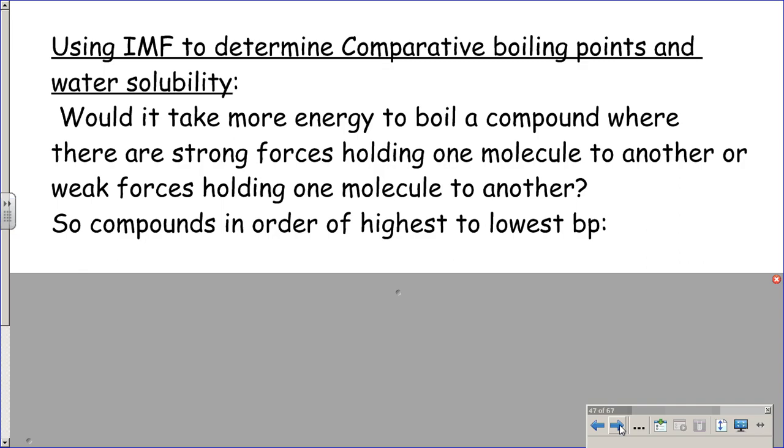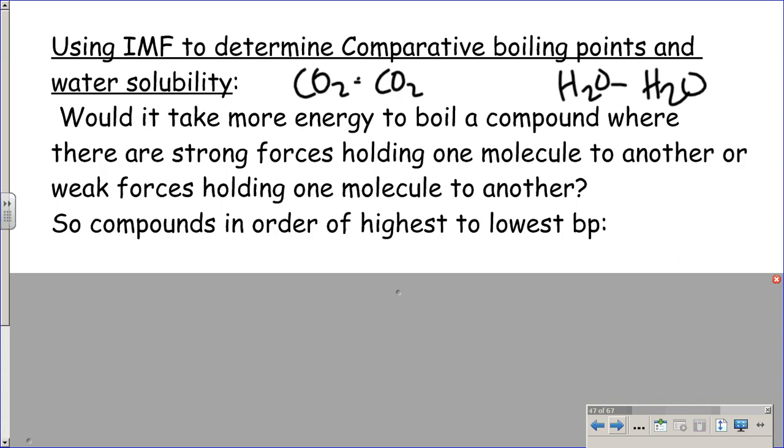Do you think, knowing your strengths, it's going to take more energy for me to pull apart water from another water molecule, or more energy for me to pull apart carbon dioxide from another carbon dioxide molecule? Why water? You said water.